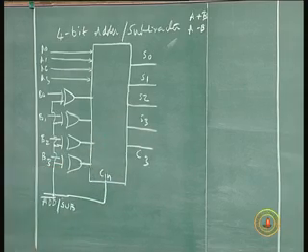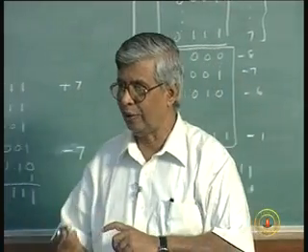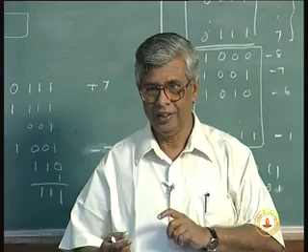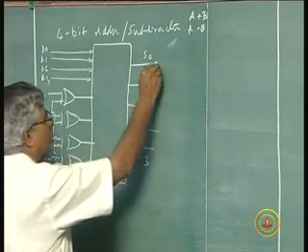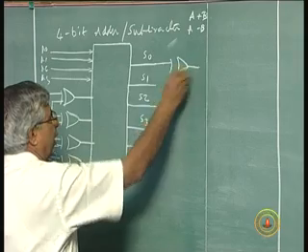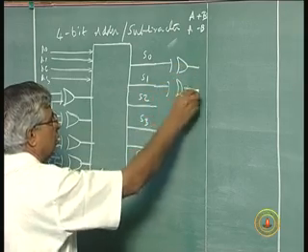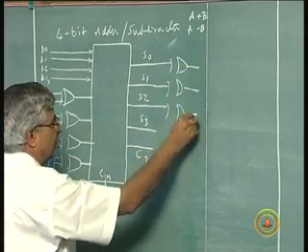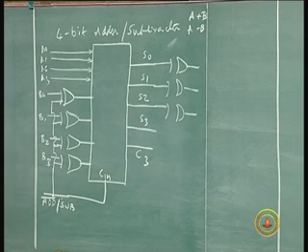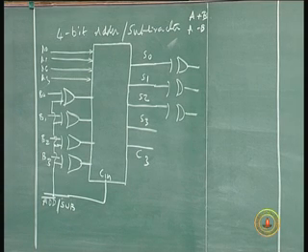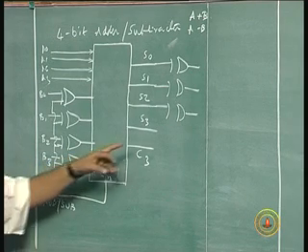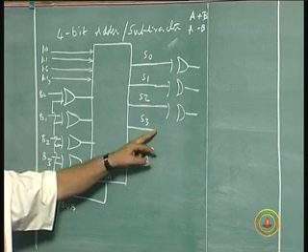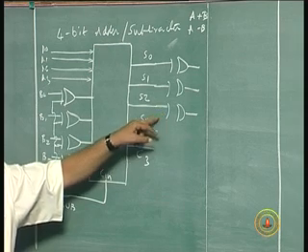And that can be done using the S3 bit. If the S3 bit is 1, I will again exclusive OR it. If S3 is 0, I will pass it through. Suppose I pass this through another set of exclusive OR gates, only 3 bits, no? And this would be used to complement it if required.